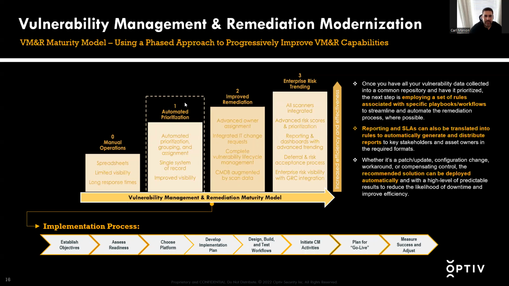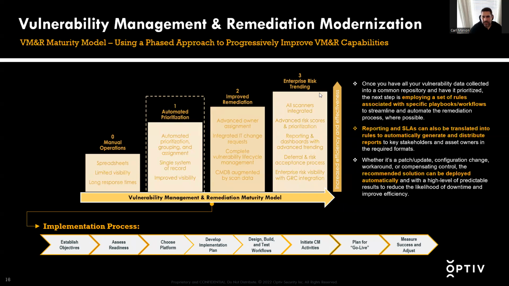So you want to get to where you're automating prioritization, as I've talked about again, where machine learning is being incorporated into your overall model, and then work towards improving remediation, which has to do with making sure you're identifying the right owners to remediate things, the right workflows. That's where you'll run into the next set of challenges.